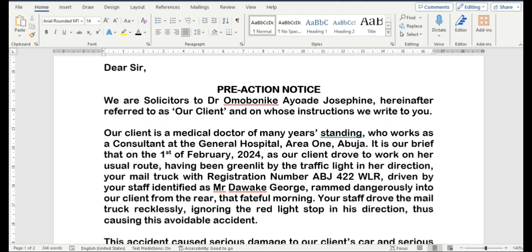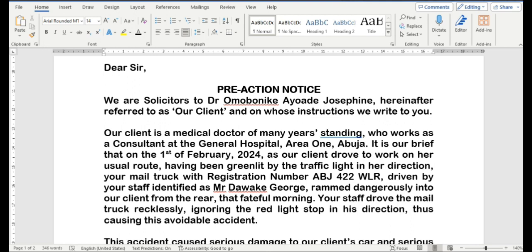Your staff drove the mail truck recklessly, ignoring the red light stop in its direction, thus causing this avoidable accident, just trying to lay a foundation for negligence. Then this accident caused serious damage to our client's car and serious head and neck injuries to our client. Our client is still receiving medical care at the time of writing this letter and has spent almost ₦1 million on medical care alone.